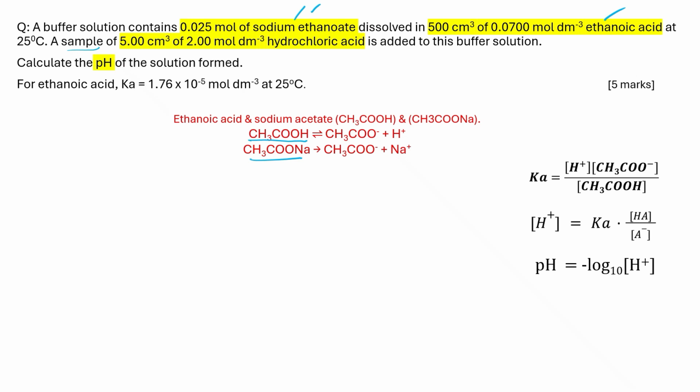So we had a buffer solution which had CH3COOH, our ethanoic acid, and CH3COONa, which is sodium ethanoate. So this is the buffer solution. But we have added hydrochloric acid in it, which is a very strong acid, so it will change its pH. And they expect us to find the pH of that solution when you add HCl in it.